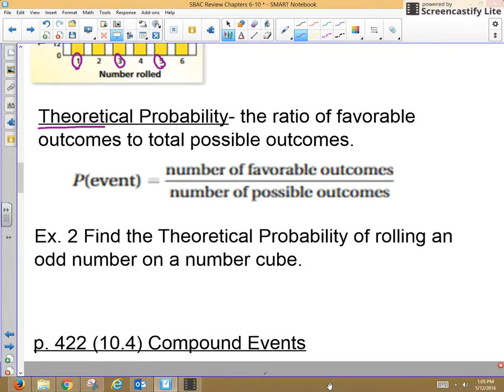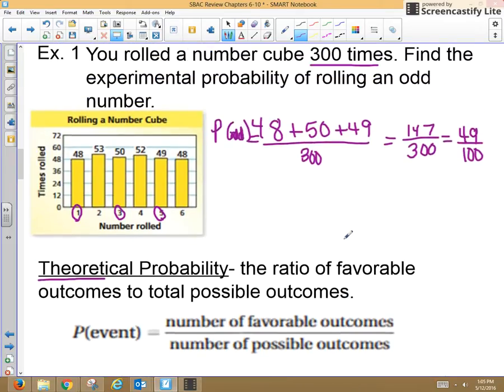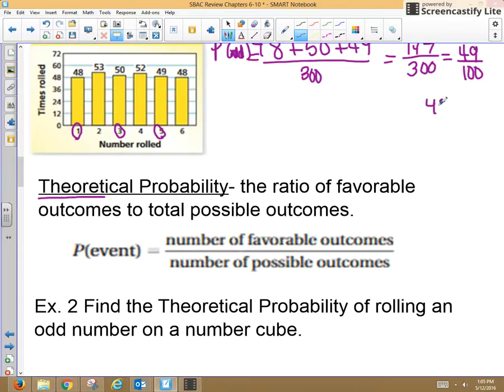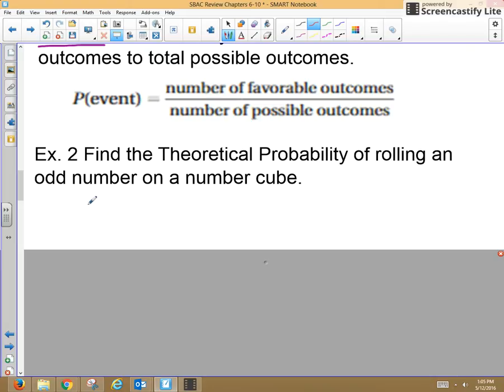For example 2, I want you to find the probability of rolling an odd number on a number cube. Now, in the example above, we did an experiment. We conducted 300 trials, and we found that rolling an odd occurred 49 out of 100 times. Well, that's 49%. In theory, we have 3 out of 6 ways you can roll a number cube.